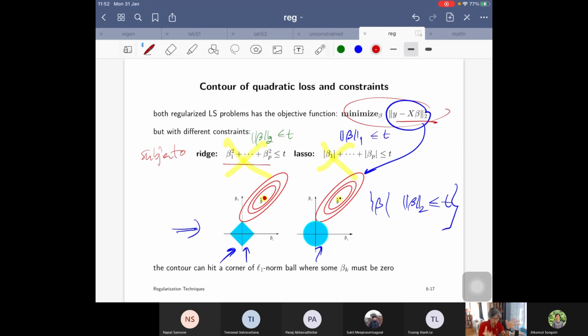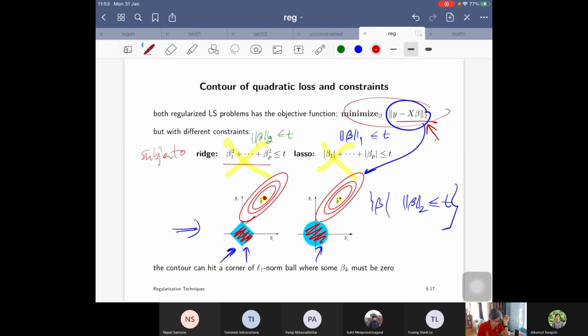Now, when you have a constraint, you can only choose beta in this set, the blue set, and you look for the point corresponding to the minimum possible objective value.